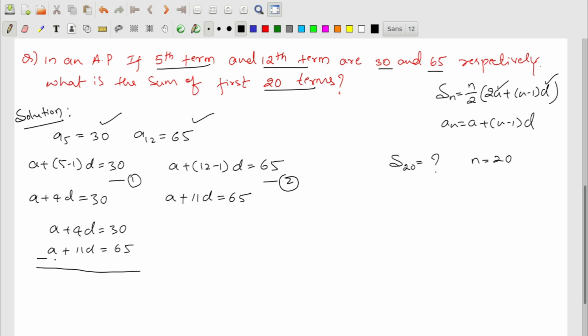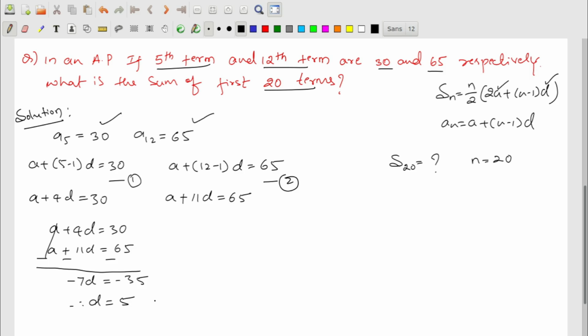Change the sign of all the terms in the second row, so these two will cancel out. So 4 minus 11, you will get minus 7D is equal to minus 35, right? If you simplify this, you will get D is equal to 5.